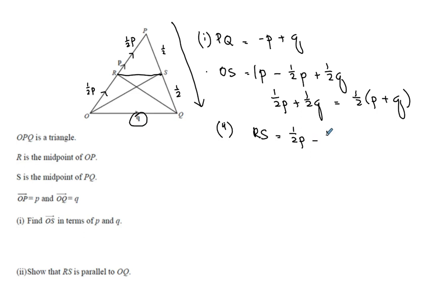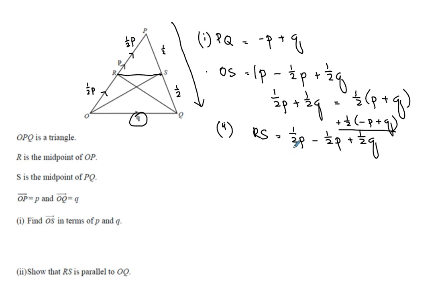So minus a half P plus a half Q. If it helps, you could always just do plus a half minus P plus Q and then expand it. But if you can, it's so much easier to do half of that, half of that.